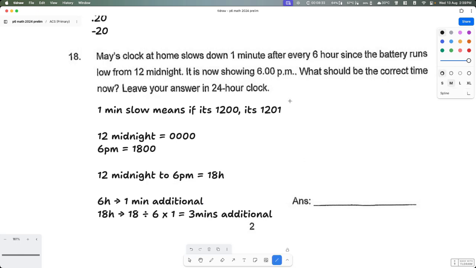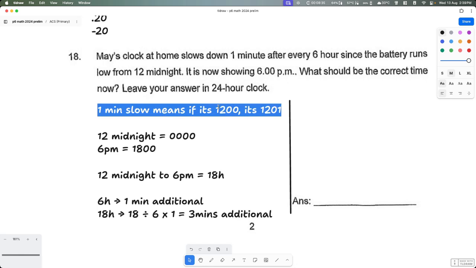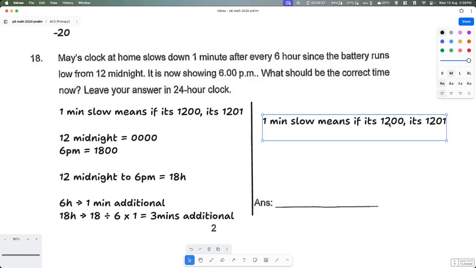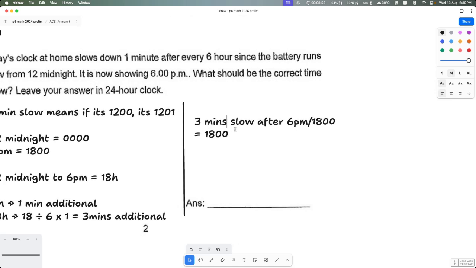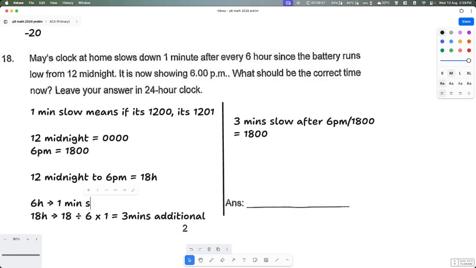So after 6 p.m., or 1800, it is 1800 plus 3, which is equal to 1803.